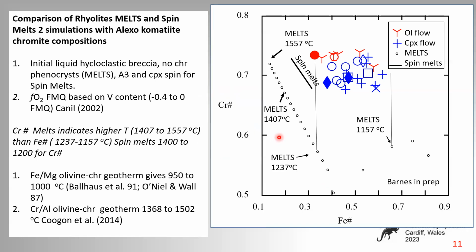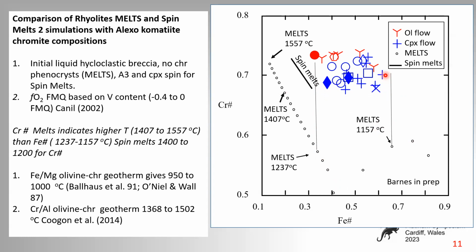Thank you. Hallelujah. Okay, so if you trace the temperatures that the chrome number gives you, they begin at 1500 in the olivine spinifex flow, and they might be down to 1400 in the clinopyroxene flow. Makes perfect sense. But when you look at the iron number, everything's horizontal, and the iron number is giving us 1200 to 1157, which, those of you who work on chromites, it's perfectly normal, seen that, done that.